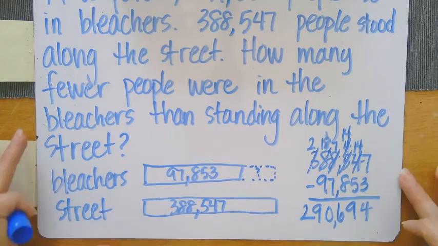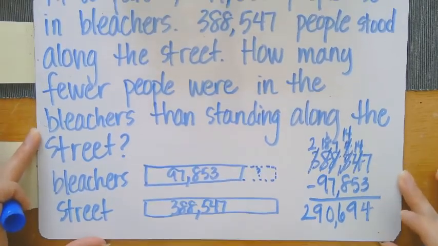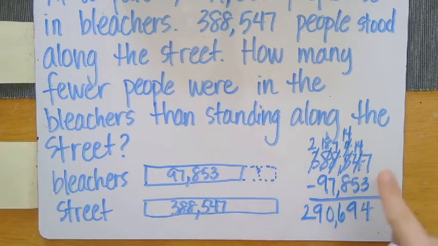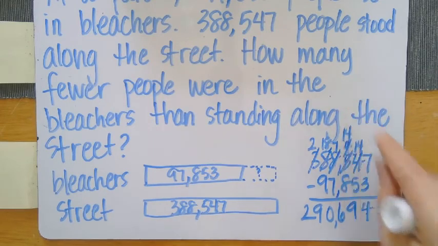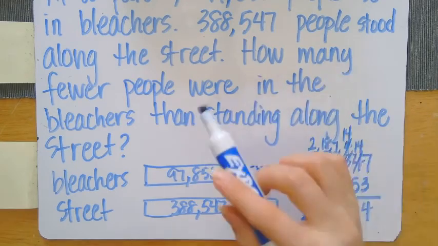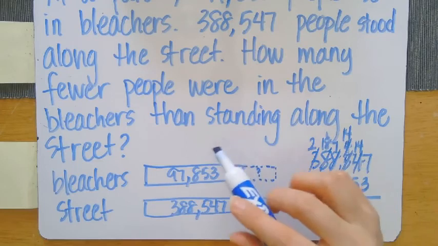All right, again, kind of ran out of room. So how could we reword this? We have our visual, we have our second method, which is standard algorithm, working that subtraction problem. Now, how do we write the answer completely, including the label, and restate the question? How many fewer people were in the bleachers than standing along the street?